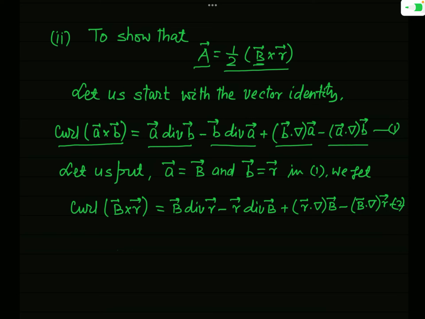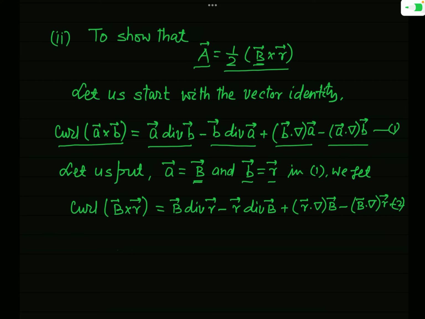Now, we recognize that this vector A is equal to the magnetic field vector B and B is recognized as R. What will be our result?